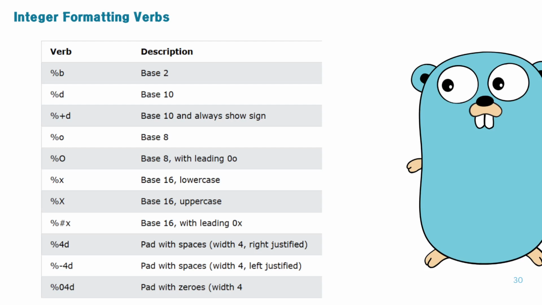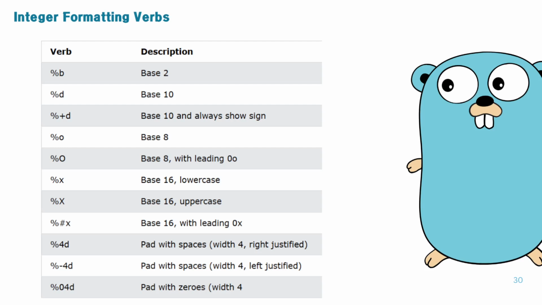Then there is %x, which is base 16 in lowercase, and %X is base 16 in uppercase, and %#x is base 16 with a leading 0x basically. So these are basically hexadecimal numbers.